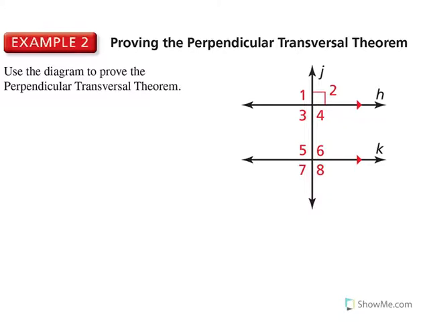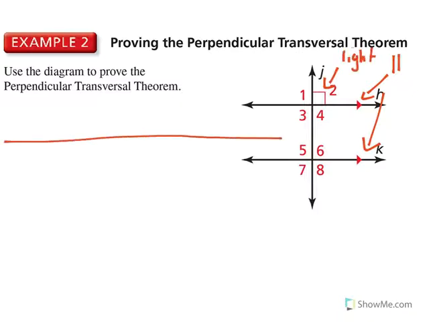So in this example 2, we want to be able to look at our diagram and be able to prove the perpendicular transversal theorem. So first of all, think about what we know in this diagram. So we have these parallel symbols here. And I have a right angle as well. So those are going to be my givens.